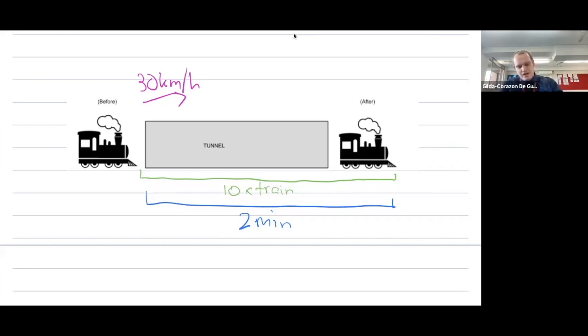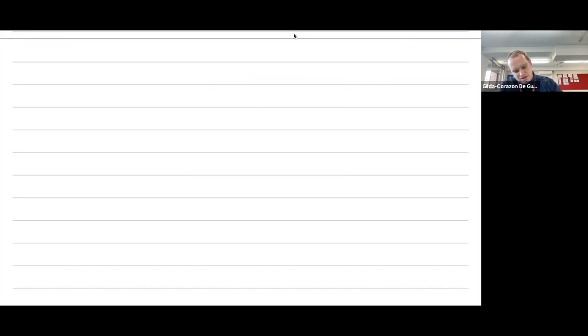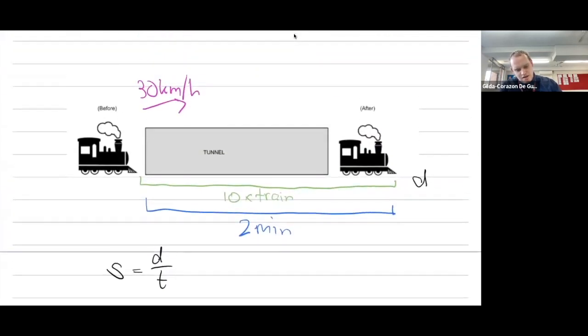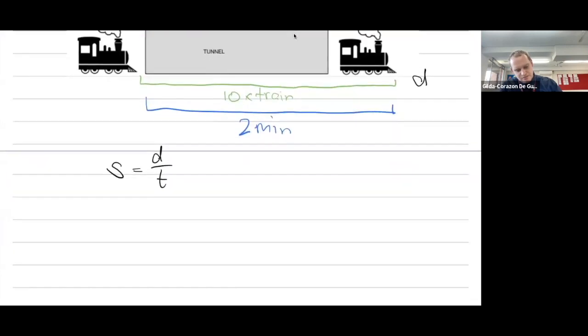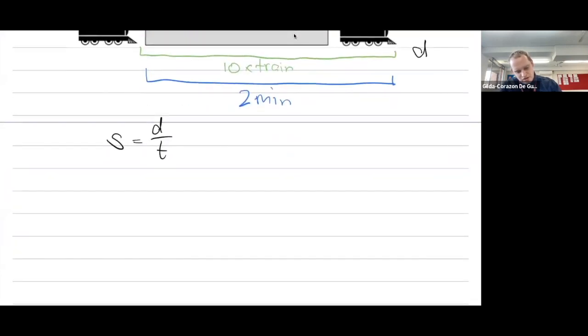Okay, so let's call the total amount that the train travels d for distance. And we have a formula that we can use, which is that speed equals distance over time. Okay. Now, we know our speed is 30 kilometers per hour.